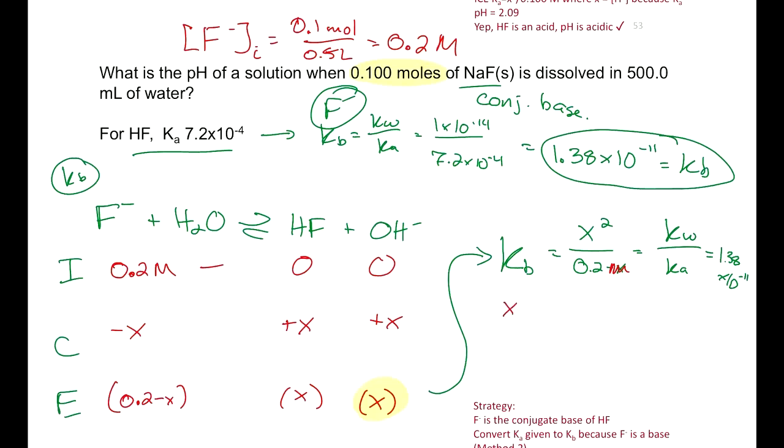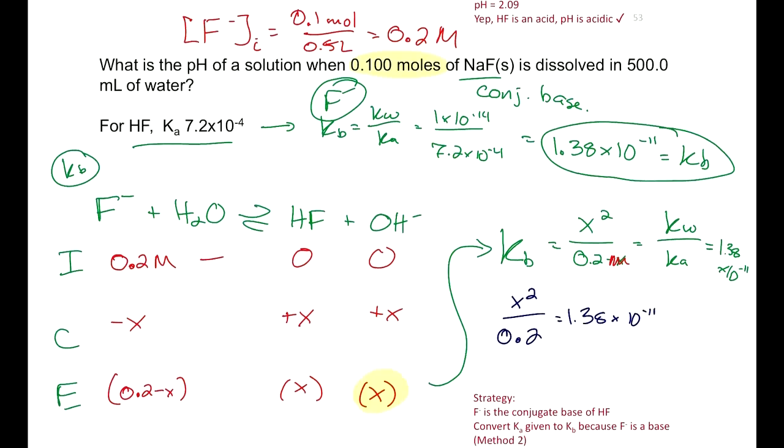So with this approximation, what we get is it simplifies to x squared over 0.2 equals 1.38 times 10 to the negative 11, and that's so much easier to solve, especially in exam conditions. So you solve for that, and you get that x is equal to 1.67 times 10 to the negative 6.